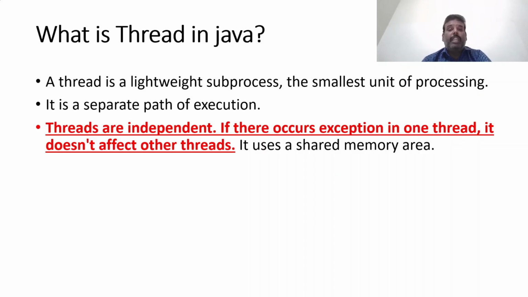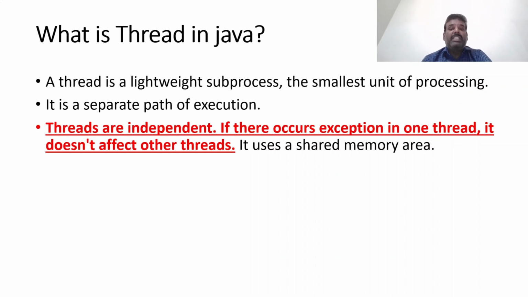So instead of taking 1 minute, it takes only 30 seconds or 15 seconds because all the parts run in parallel. That individual part is called a thread in Java. It is a lightweight process, the smallest unit of processing. It is a separate part of execution.